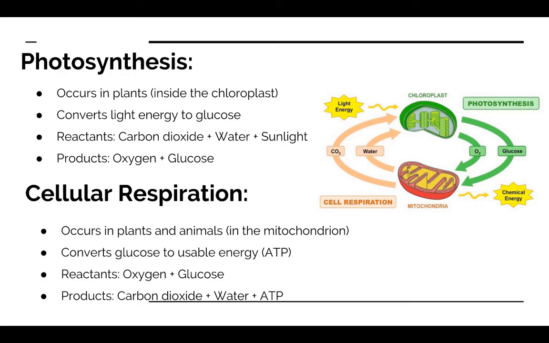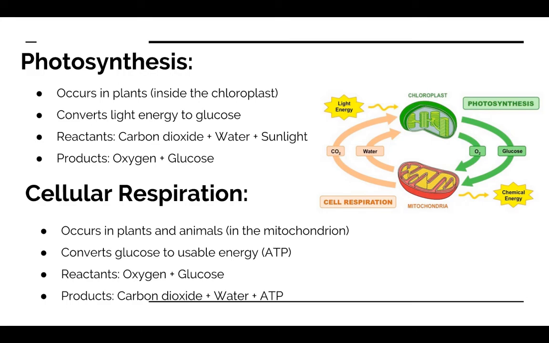Cell respiration, on the other hand, is the opposite of this. So cell respiration, first of all, occurs in all organisms, so it includes plants and animals, and it happens in the mitochondrion. You'll notice on the picture it says mitochondria. Just keep in mind that's more than one, and mitochondrion is one.